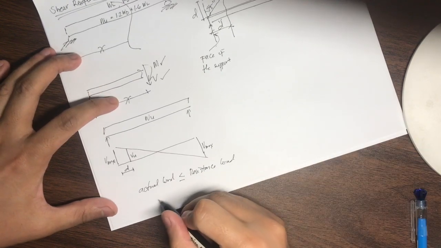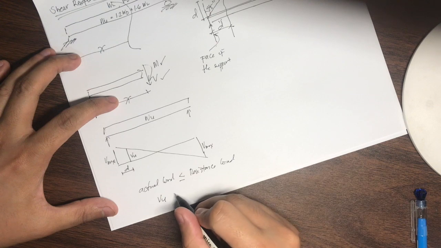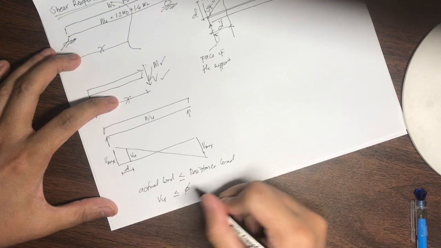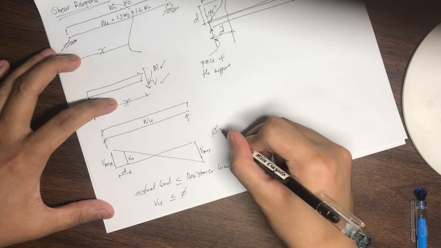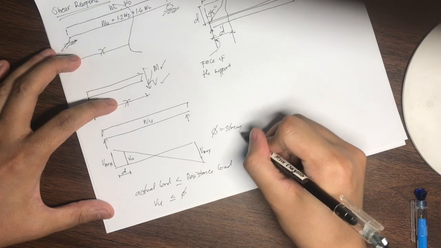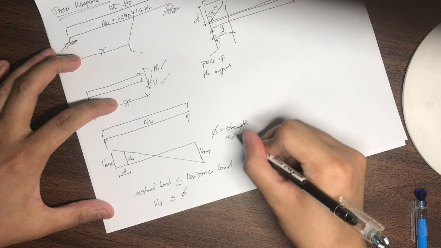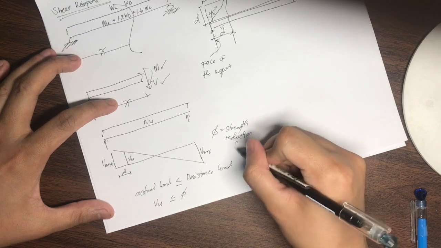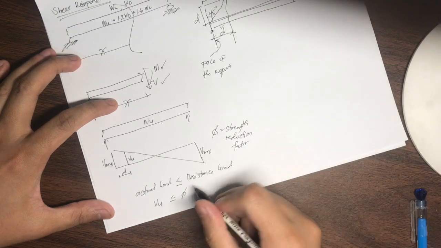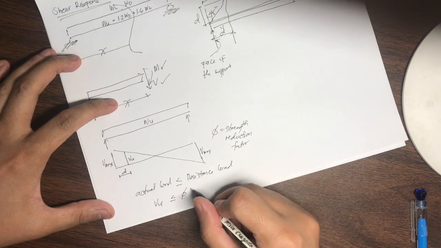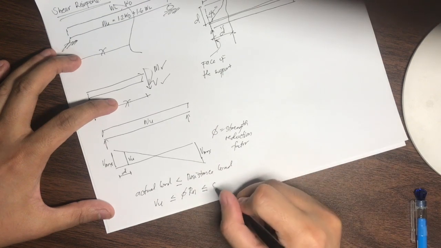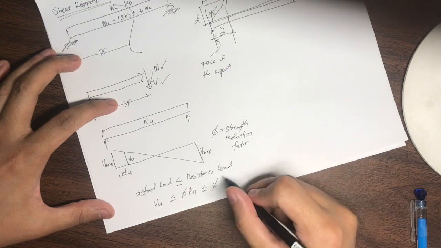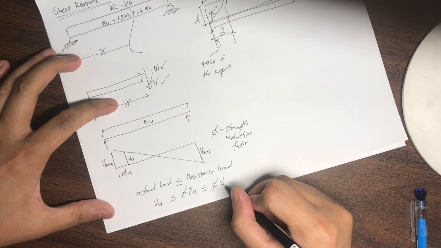In that case, we have your Vu must be less than or equal to the resistance factor, or what we called the strength reduction factor, multiplied by the capacity. So in this case, this is actually phi multiplied by Vn.